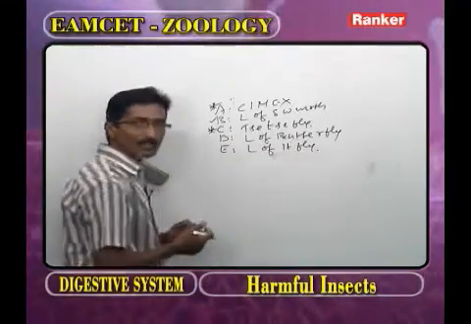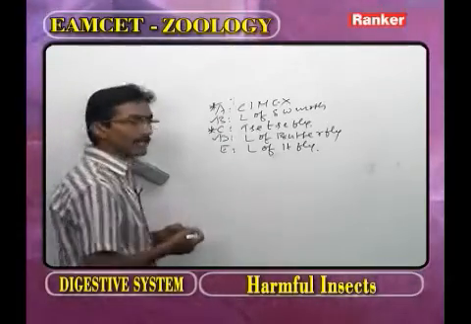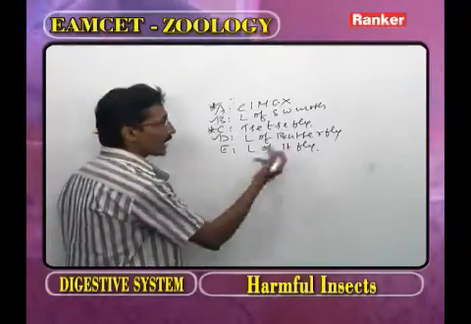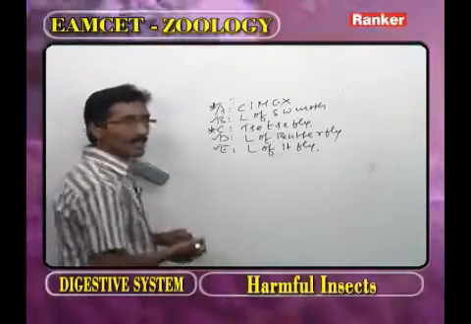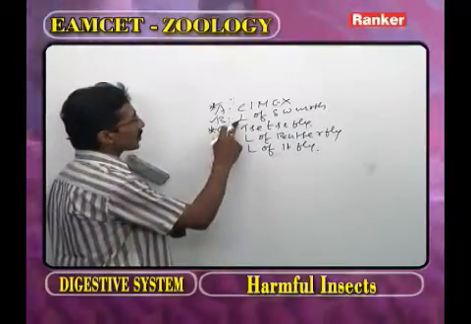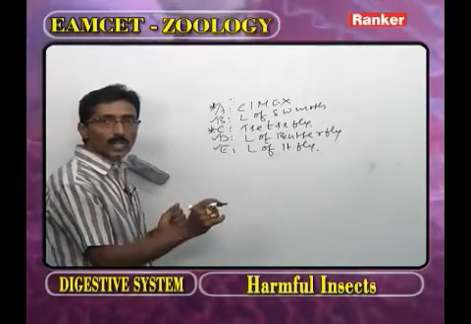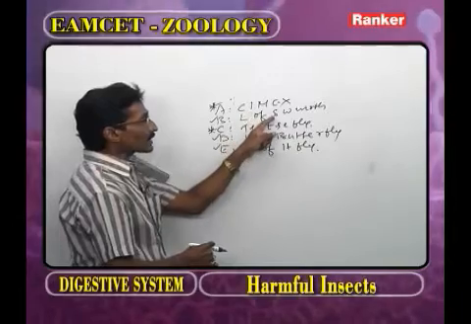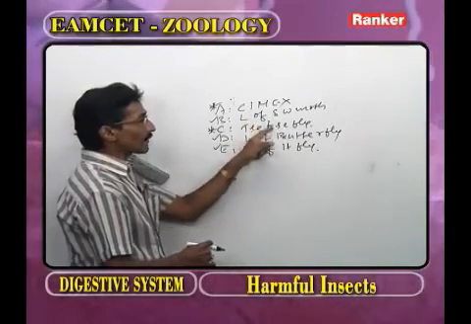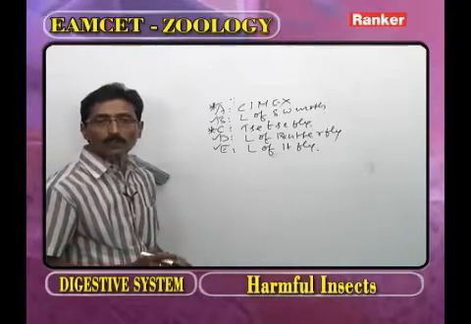The larva of butterfly is called a caterpillar. It has biting and chewing. The larva of housefly is called a maggot. What type of mouth parts? Biting and chewing. So in this question, we observe the presence of biting and chewing in the larval stage of silkworm moth, butterfly, and housefly. Now we go for the next question.